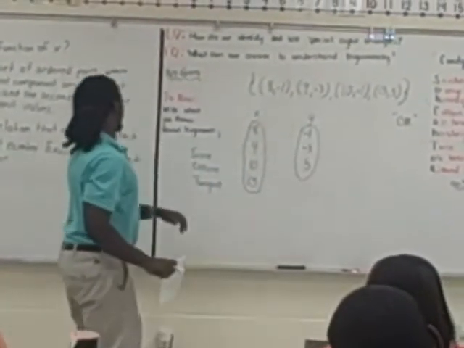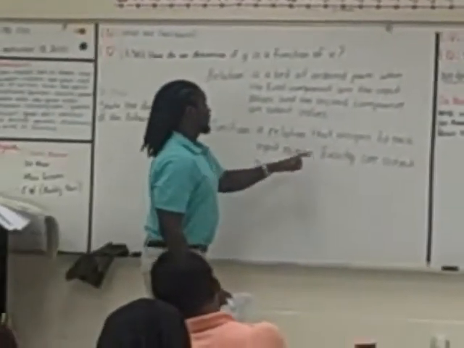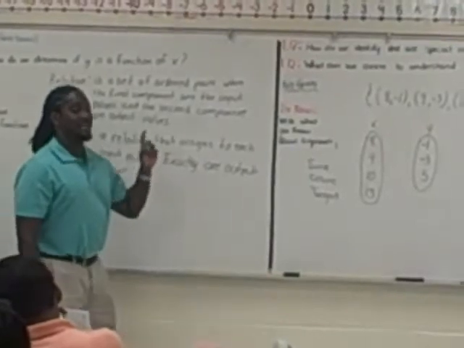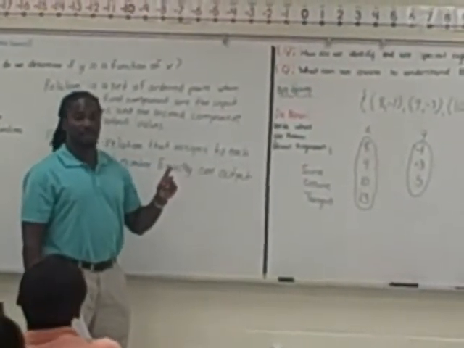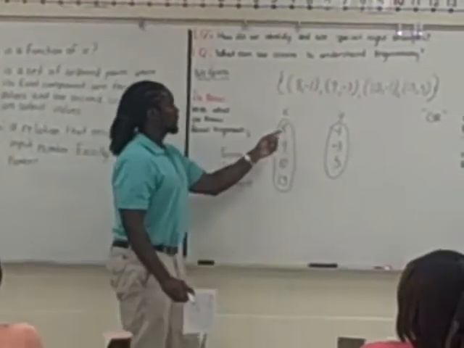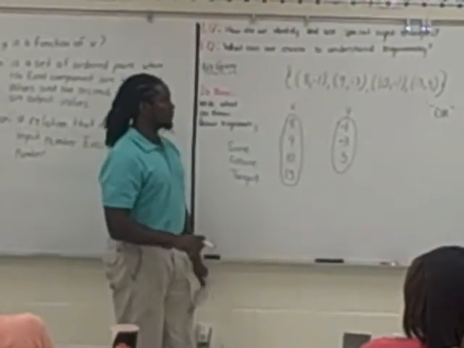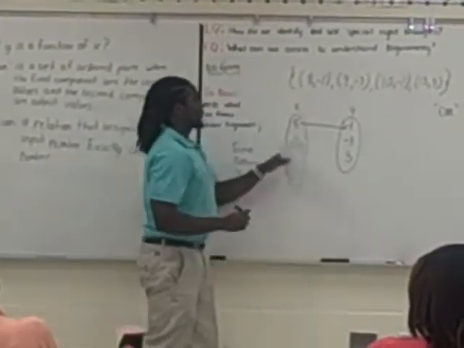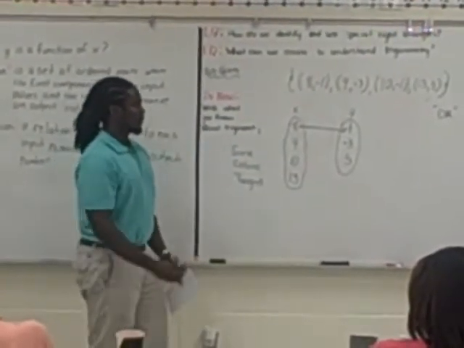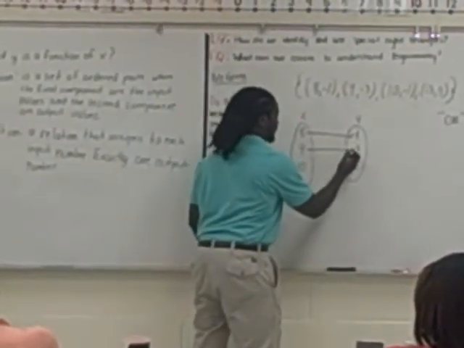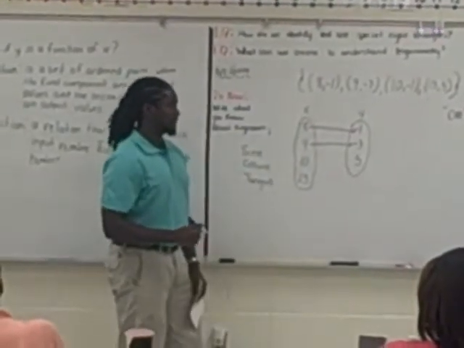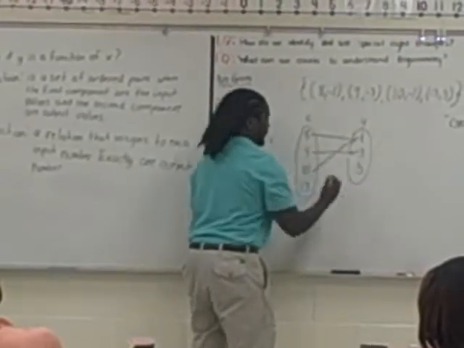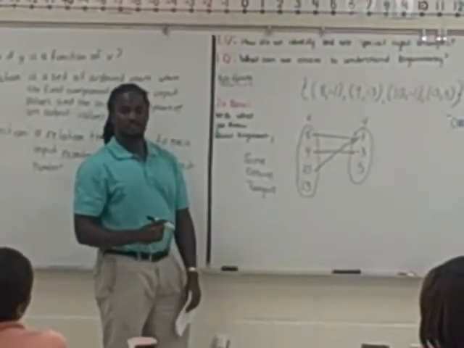Now remember, for it to be a function, each input value has to go to exactly one output value. Input value 8, what's the output? -1. 9 goes to -3. What about 10? -1. And 13? 5.